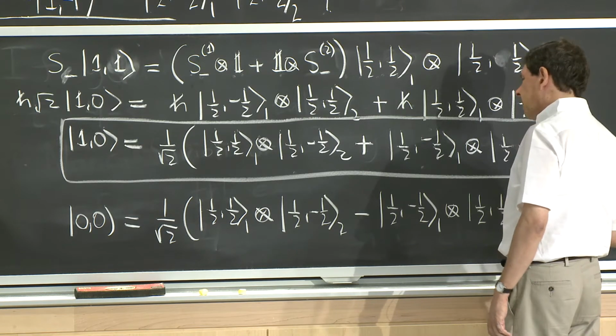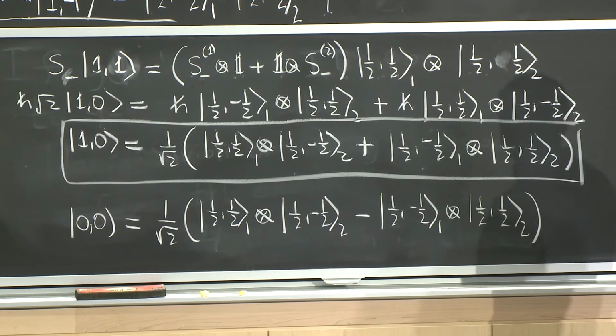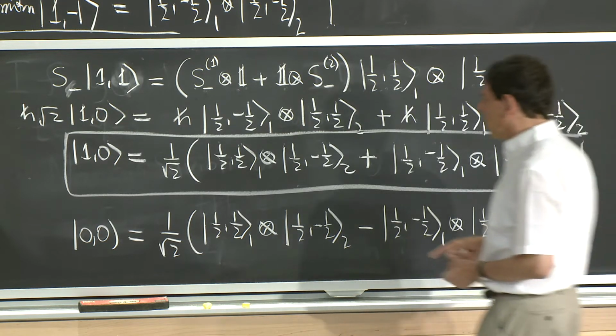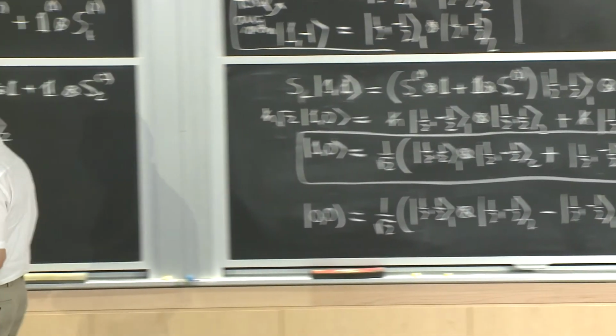So I copied the same state and just changed the sign, and I claim this is the state |0,0>. Now, you could test the orthogonality. It would not be difficult. I'll say maybe a few things about it. Maybe we should do a little of that to make sure you understand how the orthogonality works. I'll do it on this blackboard.